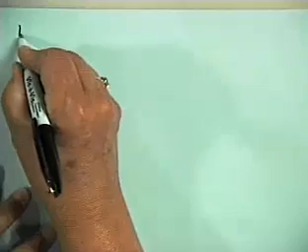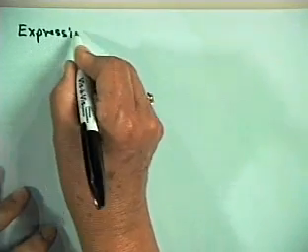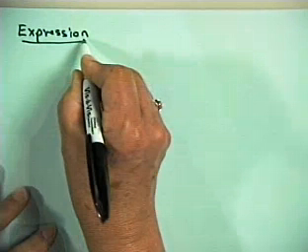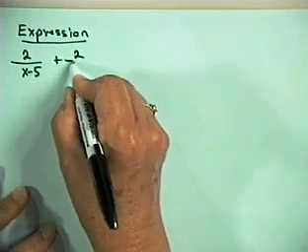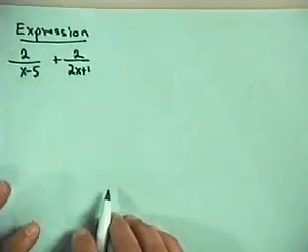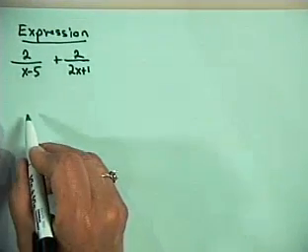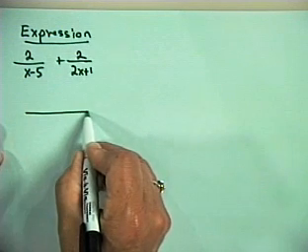So let's look first of all at a problem involving an expression. Suppose we have the problem, over 2x plus 1. This is an expression, it involves rational expressions, and therefore, in order to simplify this problem, we're going to have to get a lowest common denominator.